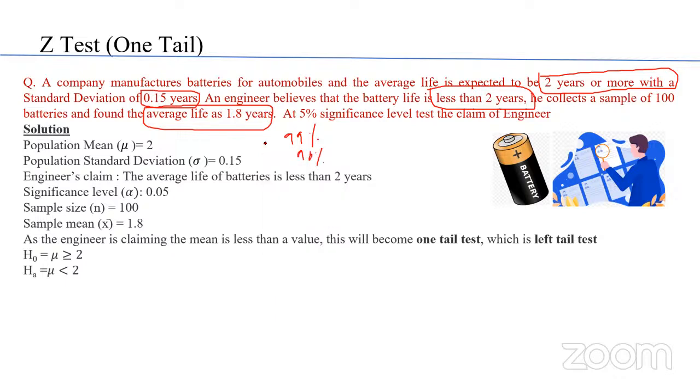Okay. And what is the claim of that engineer? He wanted to show that the company is wrong. So he is trying to target less than 2, but the company is saying greater than or equal to 2.